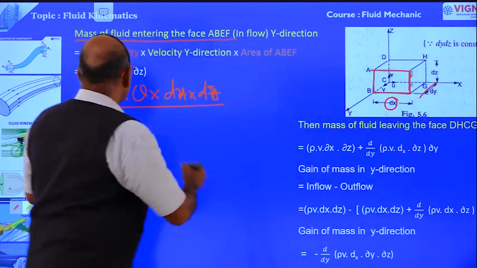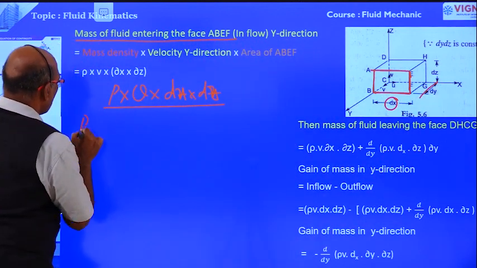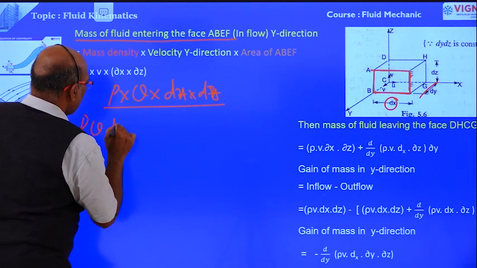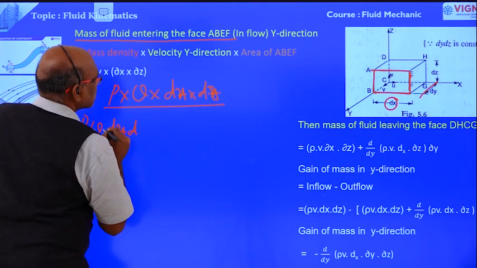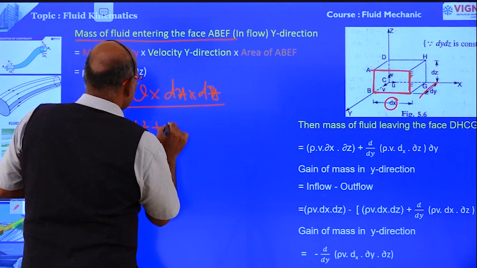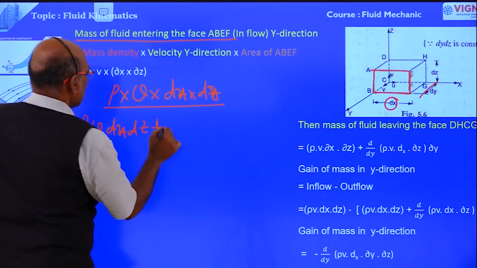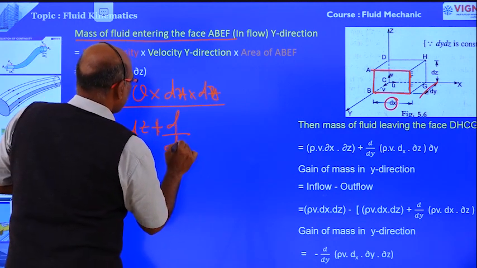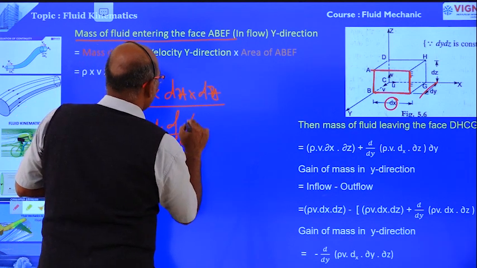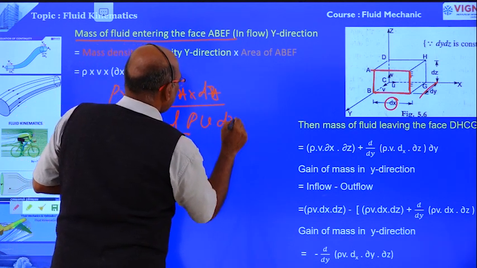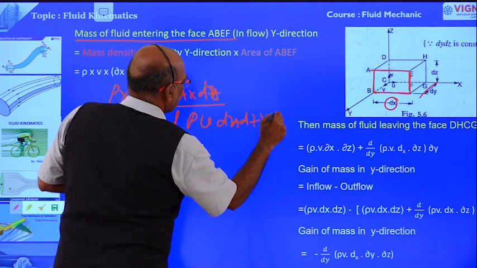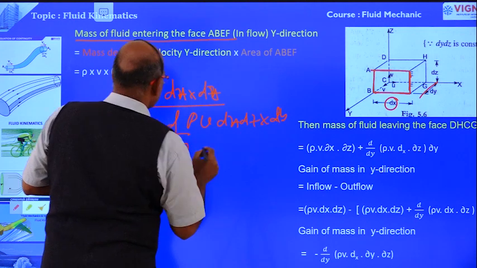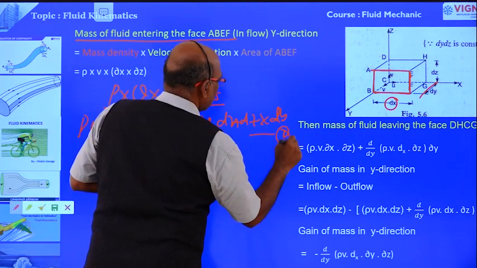Right? Like that, mass of fluid leaving is equal to rho v dx dz plus d by dy of rho v dx dz into dy. This is the mass of fluid leaving, equation number 2.